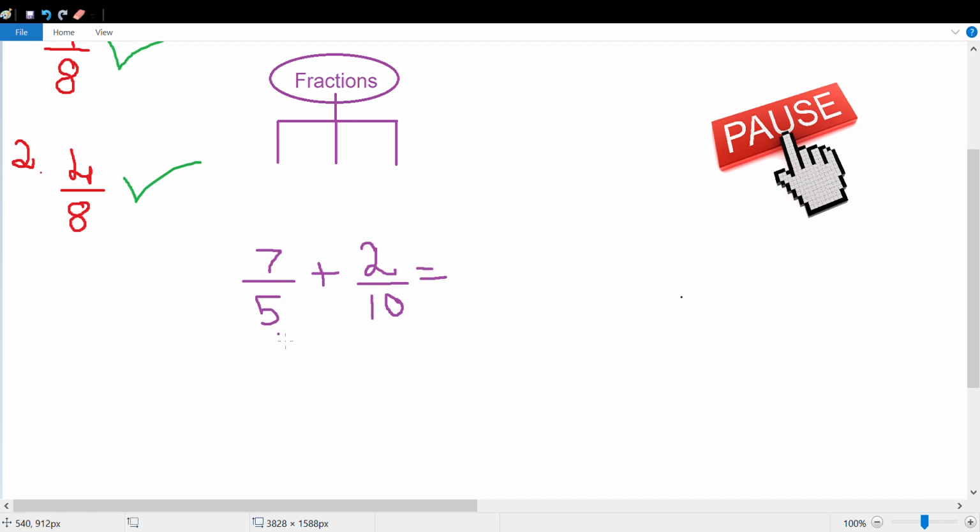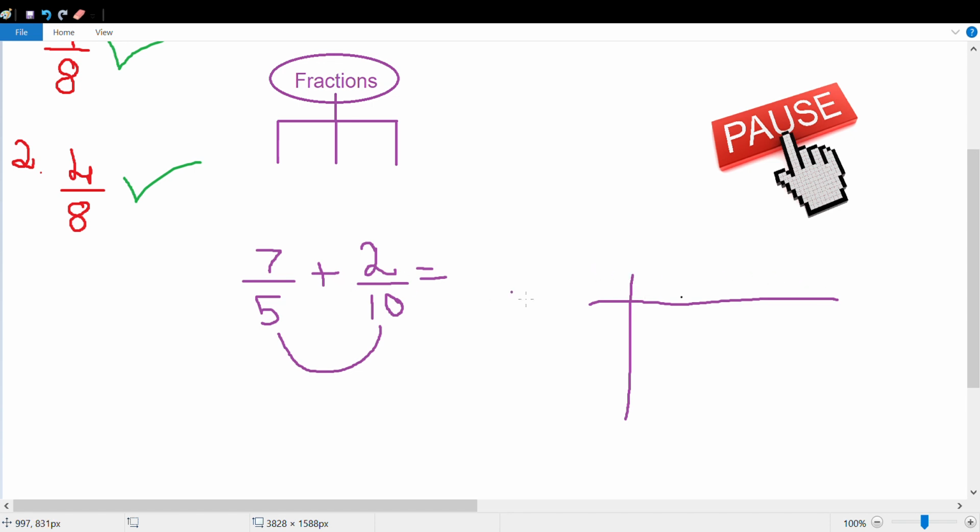In this case, you can see that the denominators are not the same. What are we supposed to do? We're going to take the LCM here. Remember guys, when we are doing math, we have to have a notepad.